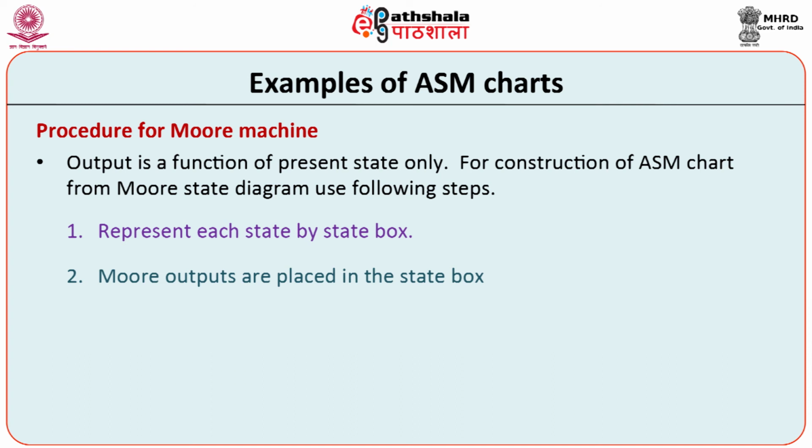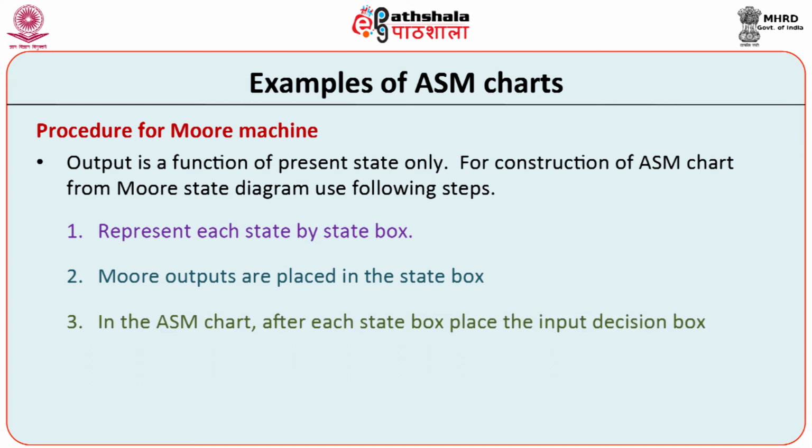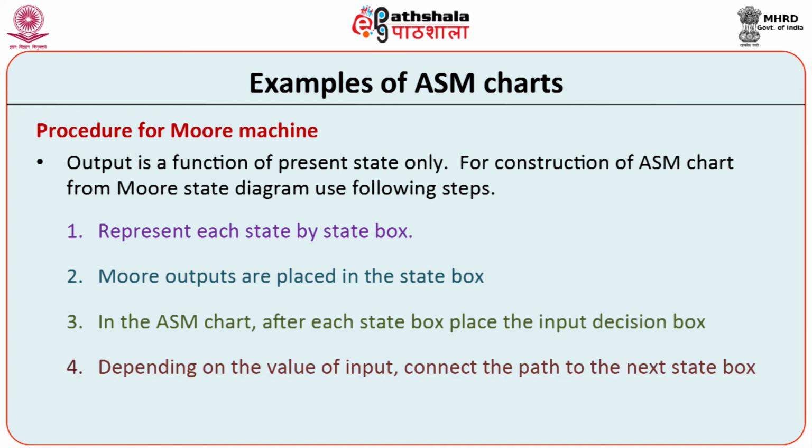Second, the Moore outputs are placed in the state box since they do not depend on the input. Third, in the ASM chart, after each state box, place the input decision box. And fourth, depending on the value of input, connect the path to the next state box.